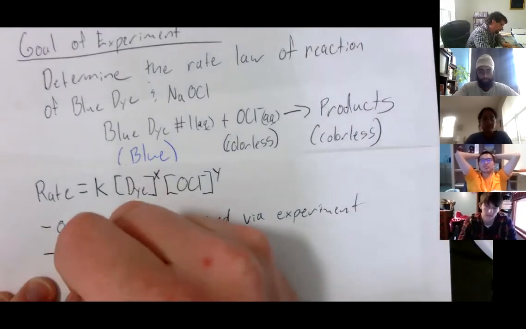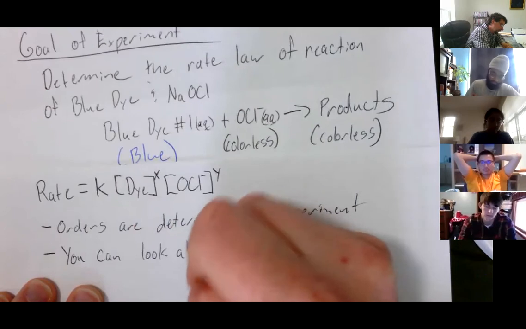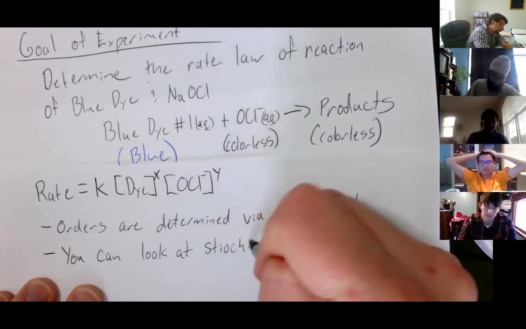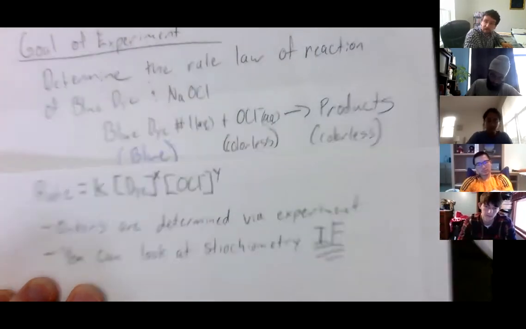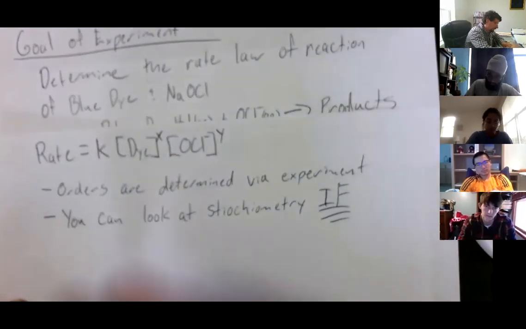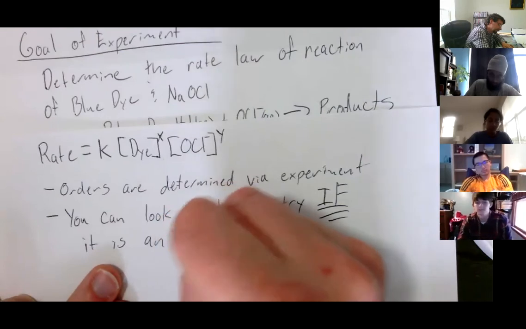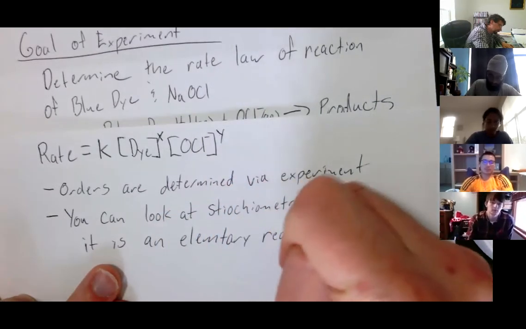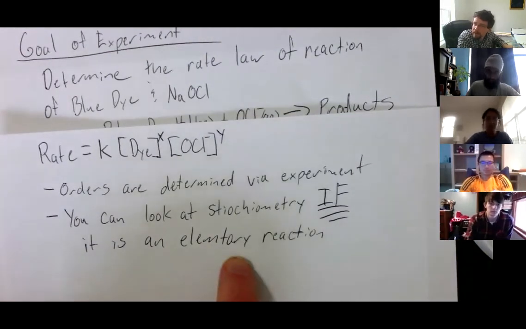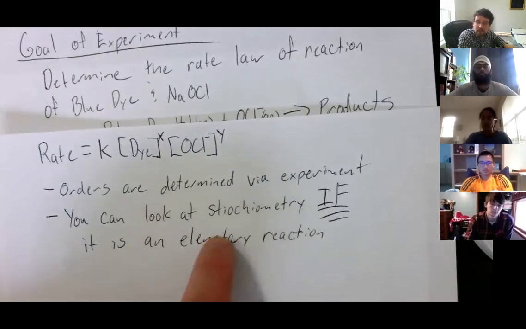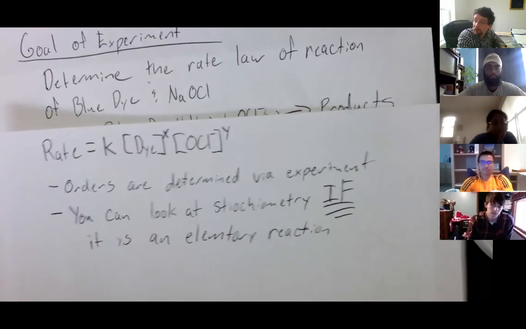So you can also look at the stoichiometry, if, and if is a big deal, and only if it is an elementary reaction. Most problems will tell you if it's an elementary reaction or not. If it doesn't say it, you have to go with experiment. Okay? Everyone feel comfortable with that?